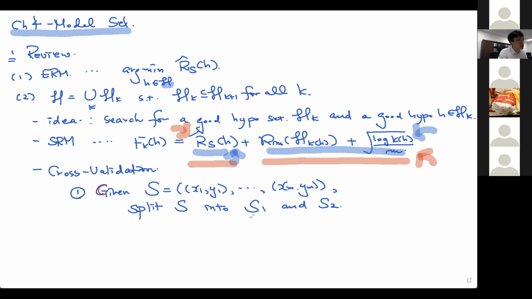The first part, S1, contains (1 - alpha)m examples. The second part contains alpha m examples. So it splits our sample into two samples, S1 and S2. S1 is sometimes called the training set. S2 is called the validation set.